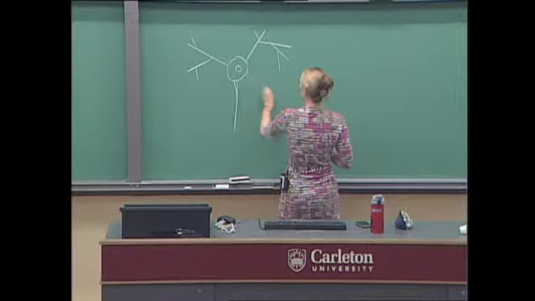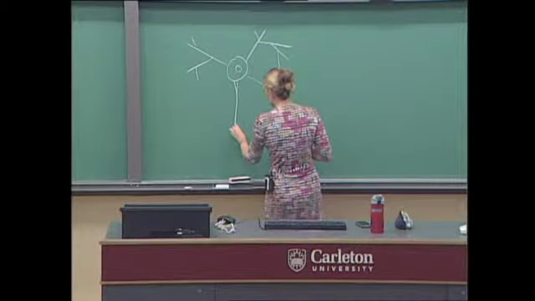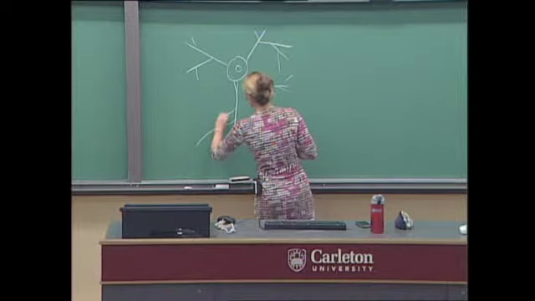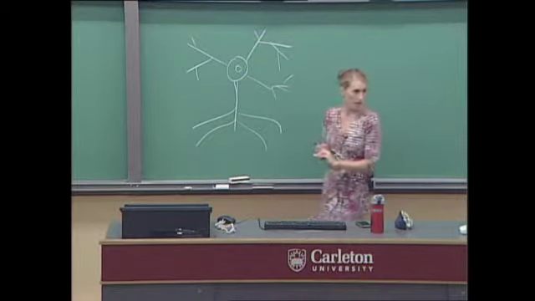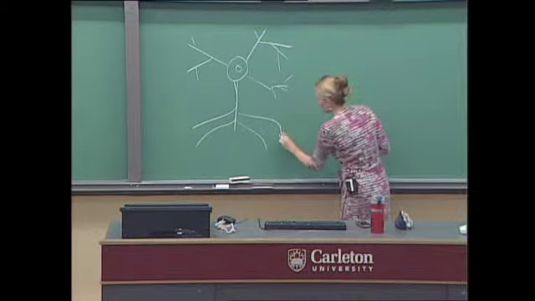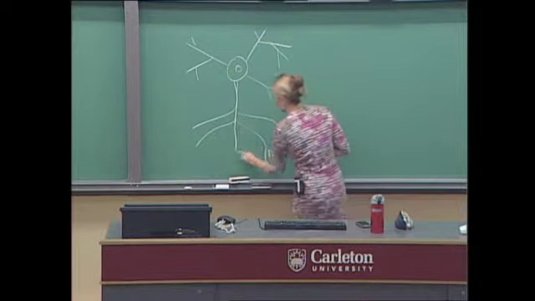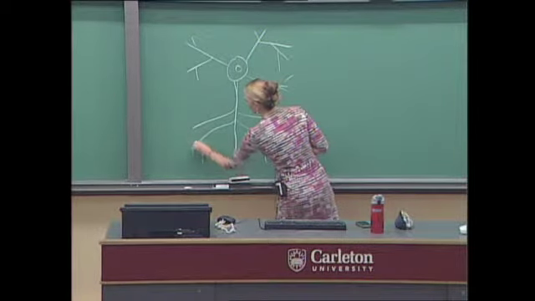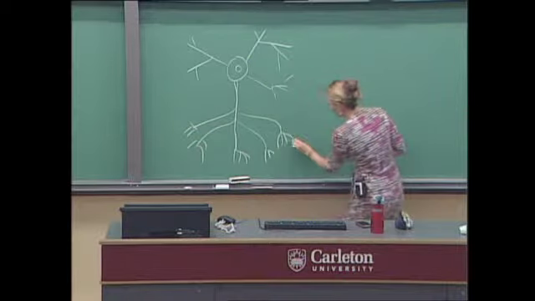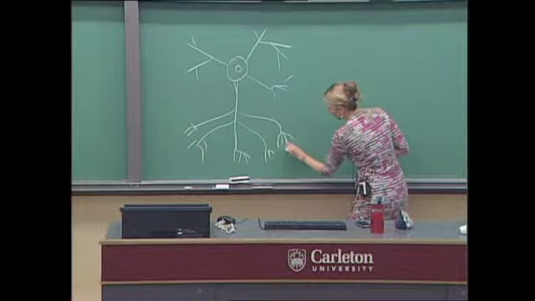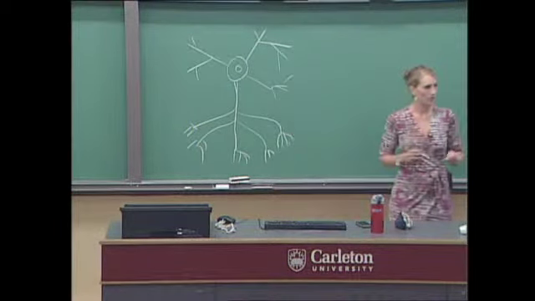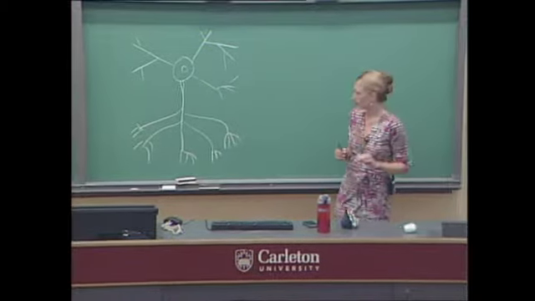Here's our cell body. Lots of branching. So, in fact, these are the axon collaterals. This is the teleodendria. And at the end of every teleodendria is that terminal button. Okay? So sorry, I did not make that very clear.